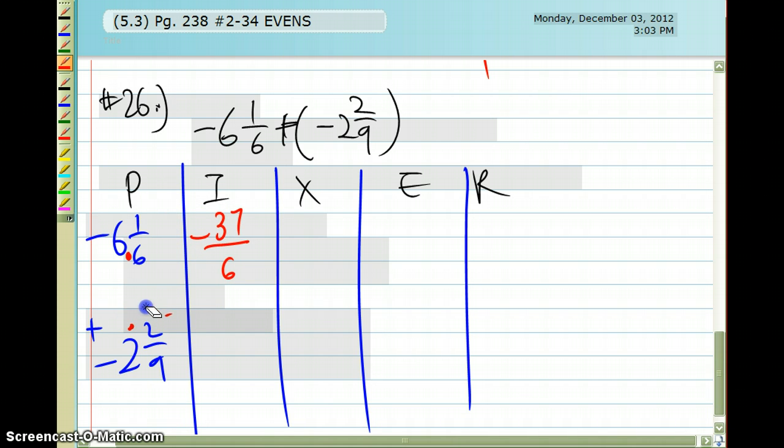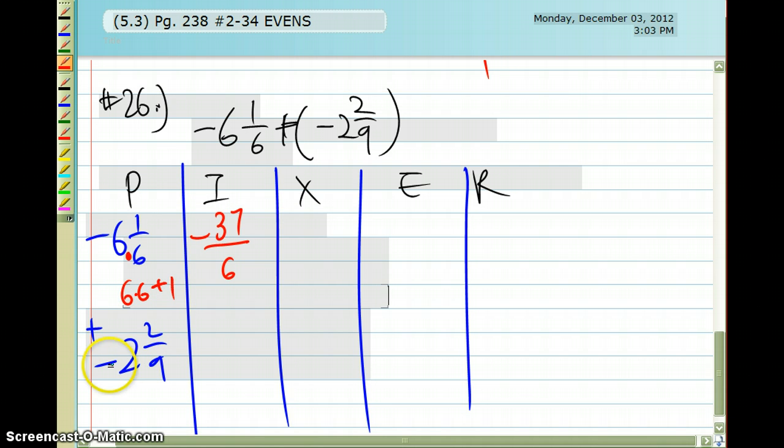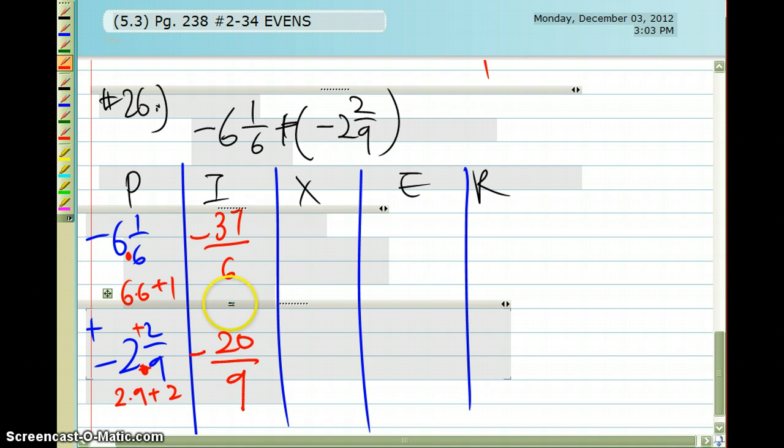Okay, same thing for the fraction below. I'm going to forget that the negative was there, multiply 2 times 9, adding the 2 afterwards, giving me 20 over 9, keep the denominator, and then tacking on the negative. Okay, I'm going to keep the negative with the 20 and the negative with the 37.